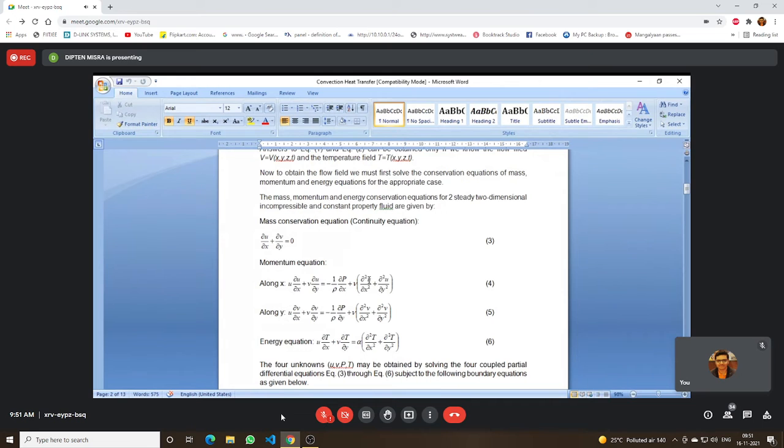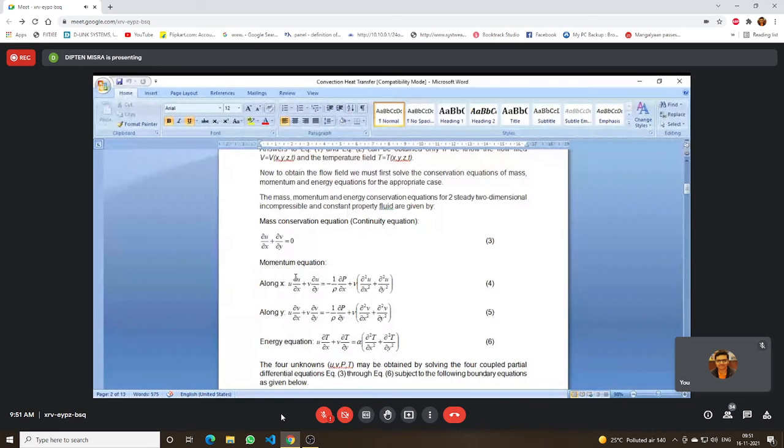Just like your heat diffusion, there is a momentum diffusion. X momentum gets diffused along x and y, so it is very similar to your temperature equation. Now, what we see is that the moment we take help of the momentum conservation equation, we are no more confined to two unknowns, u and v.